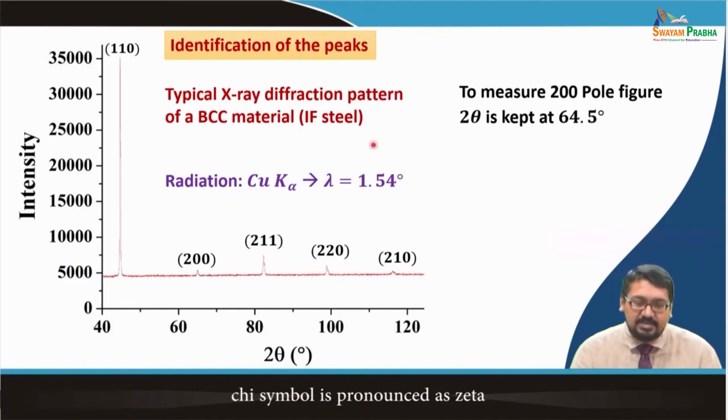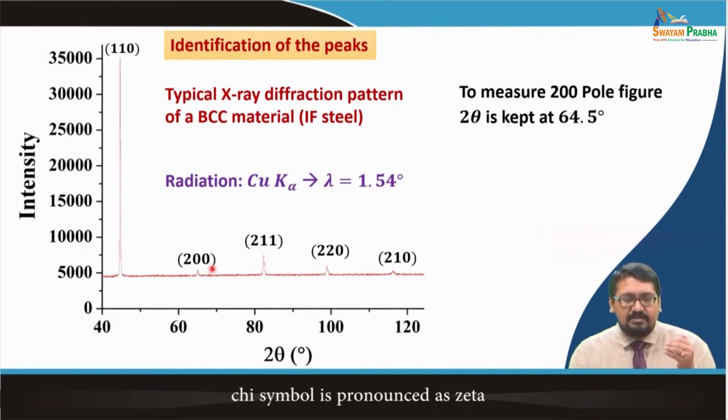Copper K alpha radiation of lambda equal to 1.54 is incident on it, corrected by the nickel filter, and we can see that various HKL planes have particular 2 theta values. The 110 is in and around 44, and for example, 200 is something like 64.5.